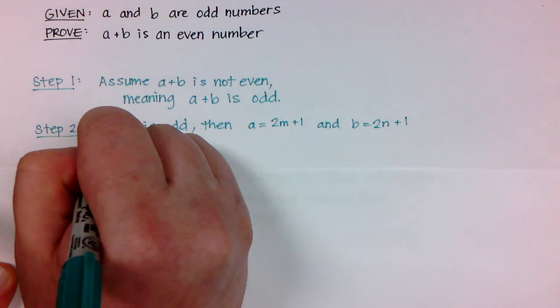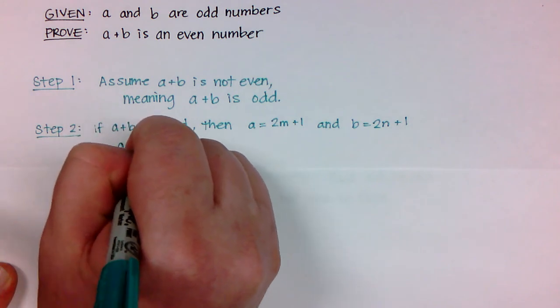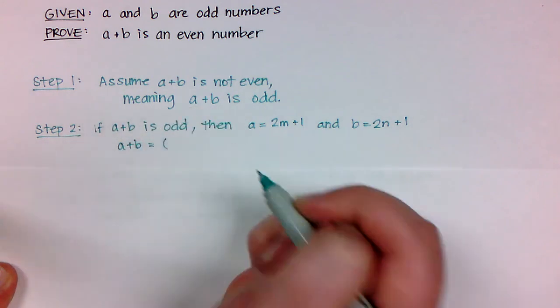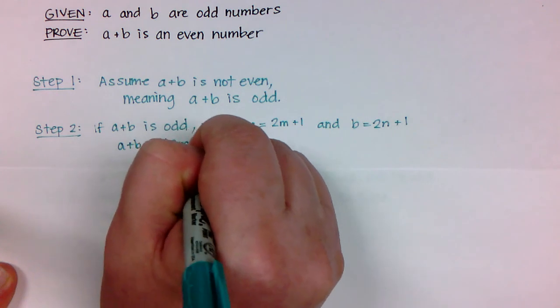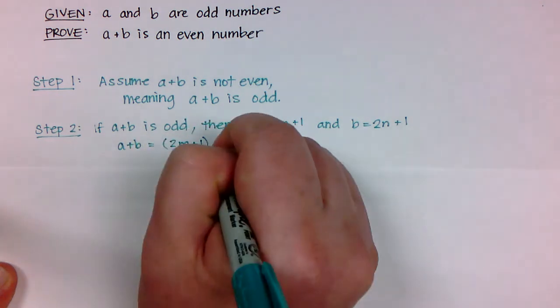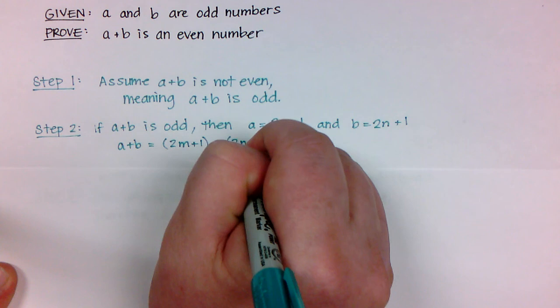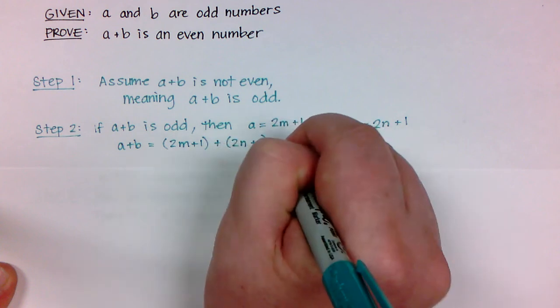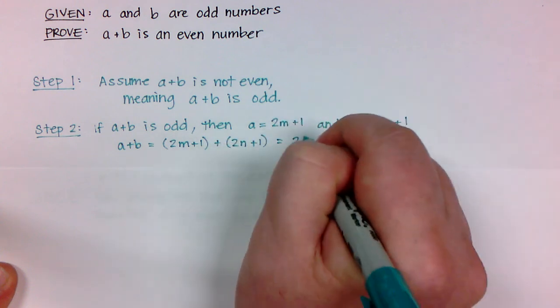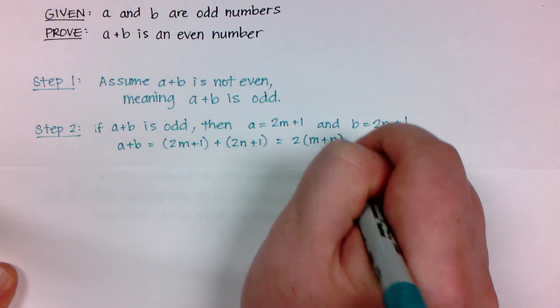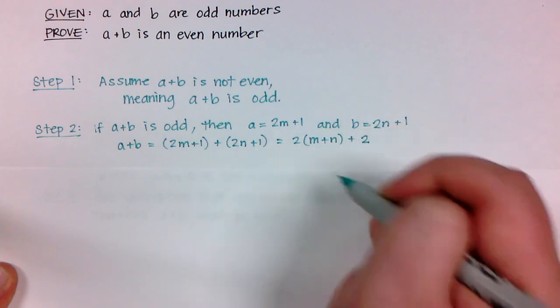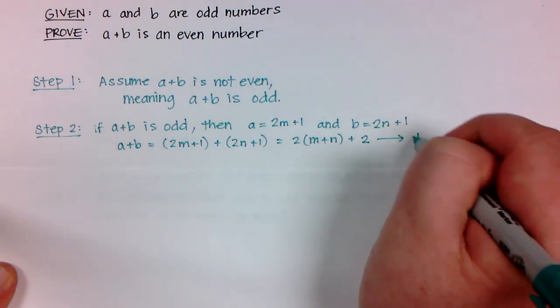So I'm just going to work this through. So that means that A plus B is going to be adding those together. So 2m plus 1 plus 2n plus 1. And when I put those together, I'm going to get 2 times m plus n plus 1. This is even.